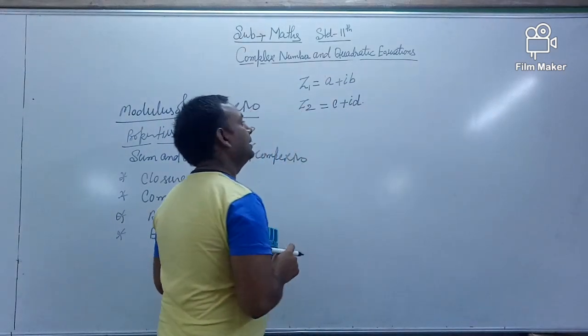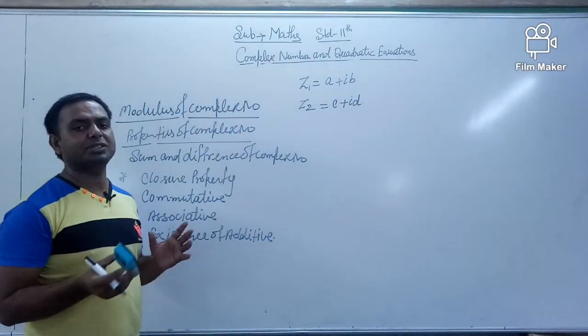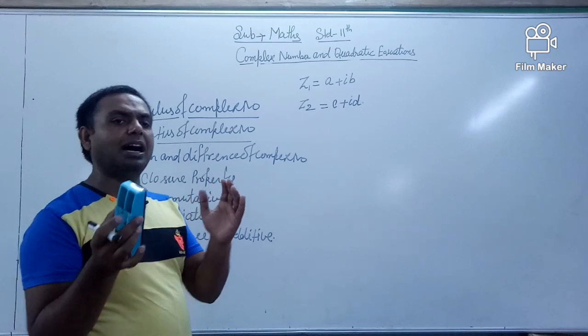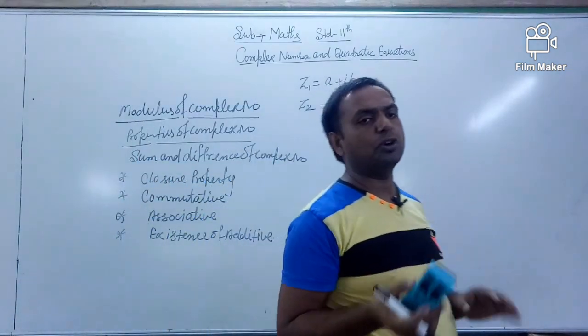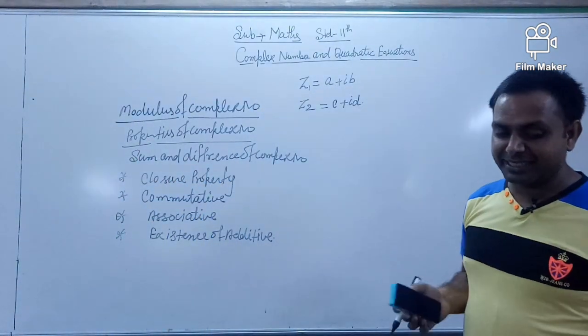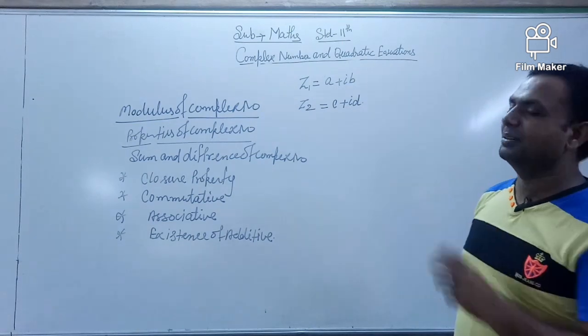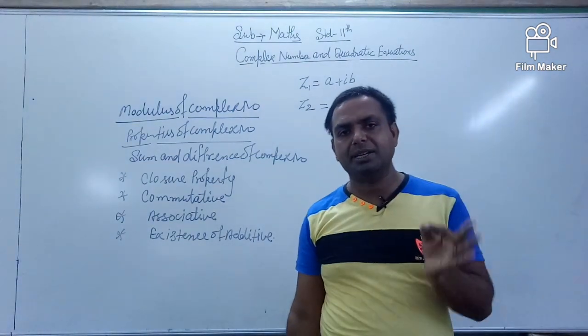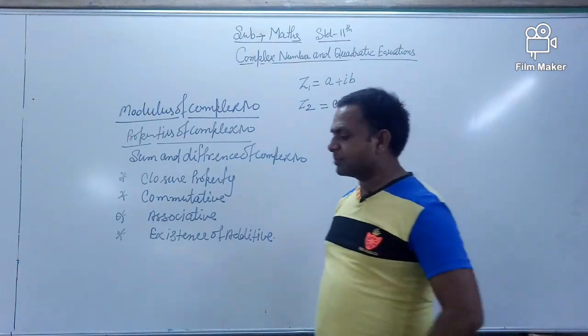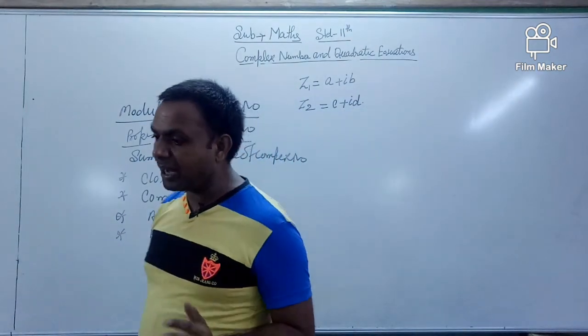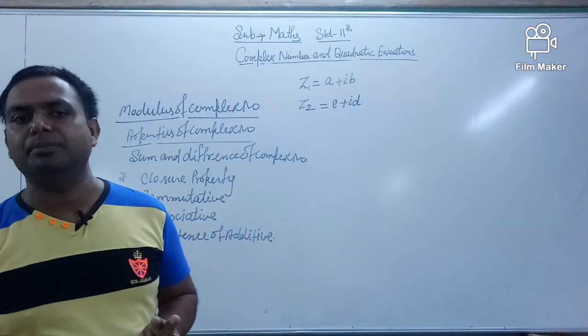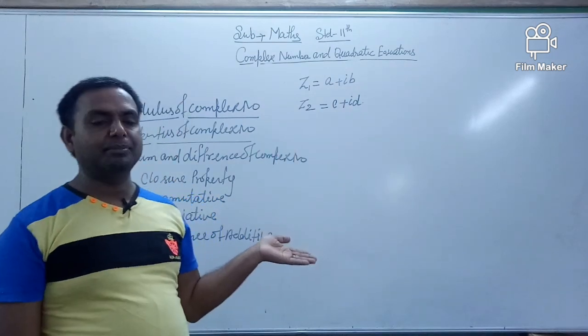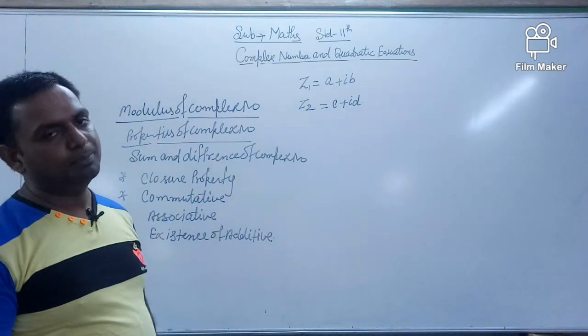If you apply the closure property, it means you take the sum or difference of two complex numbers, then the result is also a complex number. This is called the closure property.